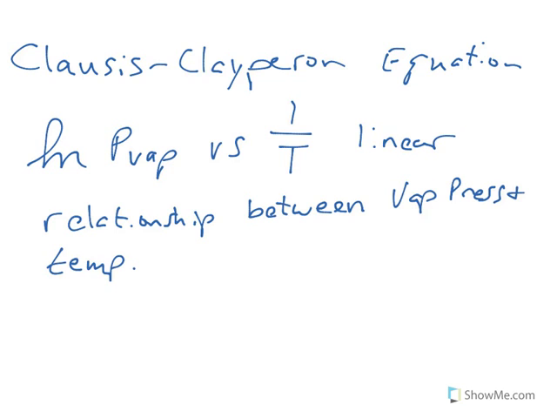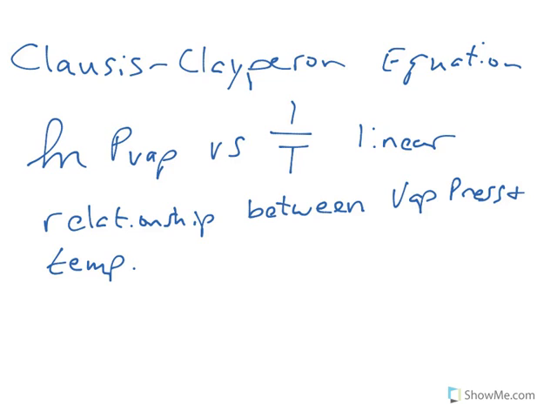A lot of times when you have an exponential function and you want to straighten it out, taking a natural log or a logarithmic transformation of it will help. And the 1 over T is just going to give us a negative slope here.